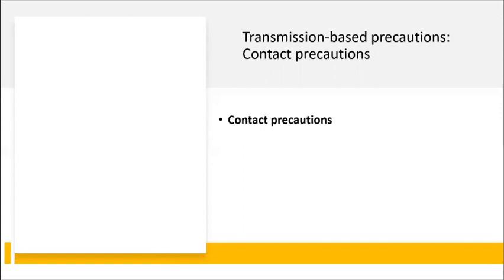So again, with contact precaution, we want to put on clean, non-sterile gloves. If we're going to be in contact with the client or contact with potentially contaminated areas. And you want to remember to change your gloves after client contact with fecal material or maybe wound drainage. So you will need to change your gloves.